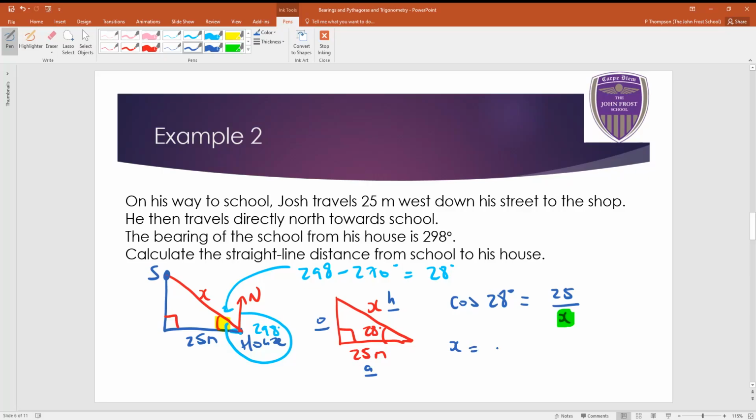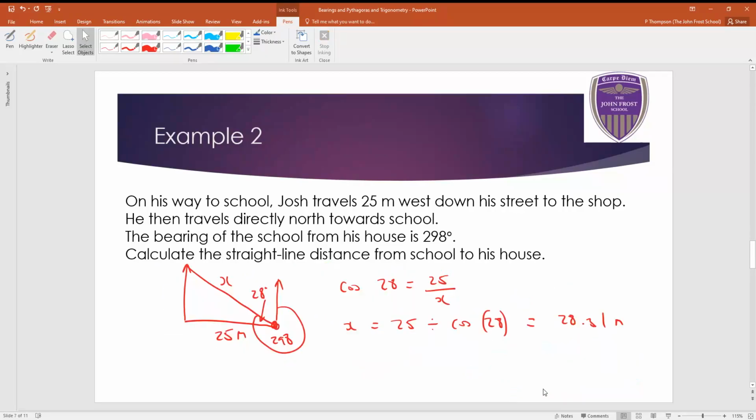So X would be 25 divided by cos 28. And when you do that, you get an answer of 28.31 meters to 2 dp. Okay, so just draw a picture for these questions, use your trig and Pythag skills, and you can take it from there.